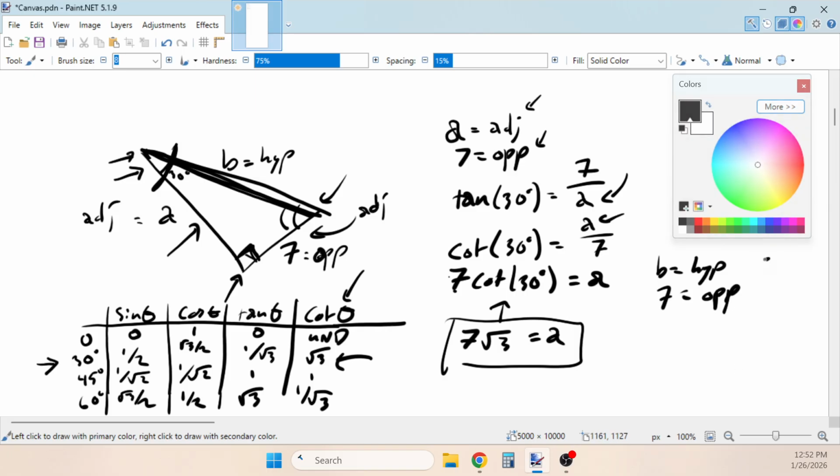And that would be cosine. Set up cosecant of 30 degrees to hypotenuse, 7.